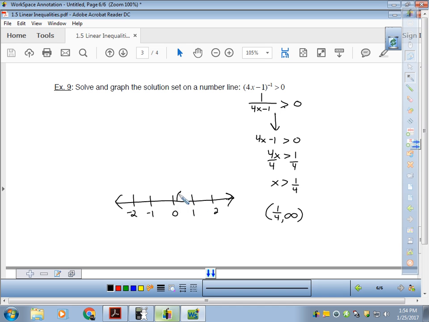So about a quarter of the way through, I'm going to put a parenthesis, and then I'm going to color in towards infinity to be greater than that number. And so that's my solution. Again, this relies on us understanding that if a reciprocal is greater than 0, then the flip of it, the original, will be greater than 0. Okay.